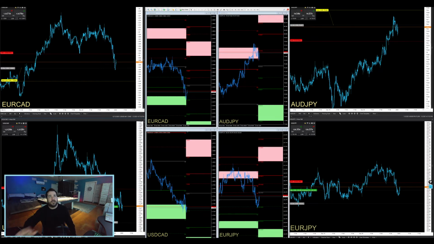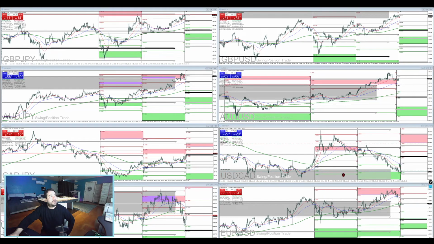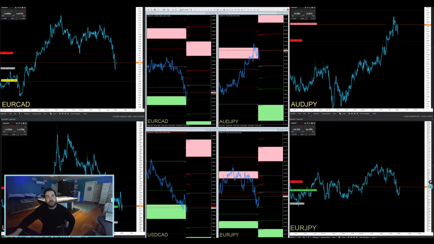Price on the Australian yen is coming really close to my entry. Price is here now. Entry is right there. All right, so I just heard an order being triggered, and it must be the Australian yen. Let's go ahead and move on over there. Check it out. Yeah, and it is.